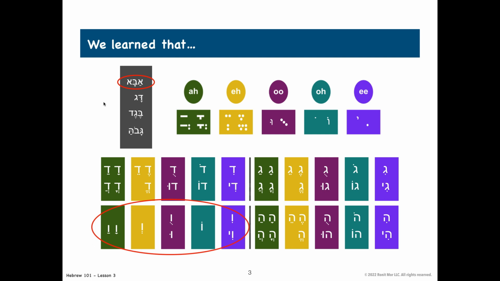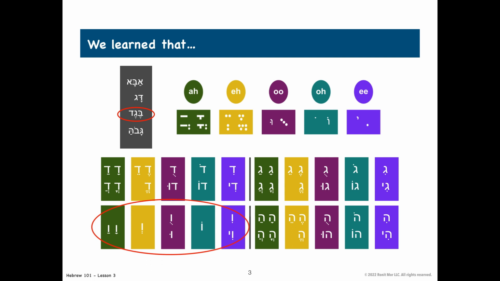Abba. Yes, and what does it mean? That's father. Yes, yes. The next one? Dag. Yes. That's fish. Yes. Excellent. Next one? Anyone? Beged. Beged.